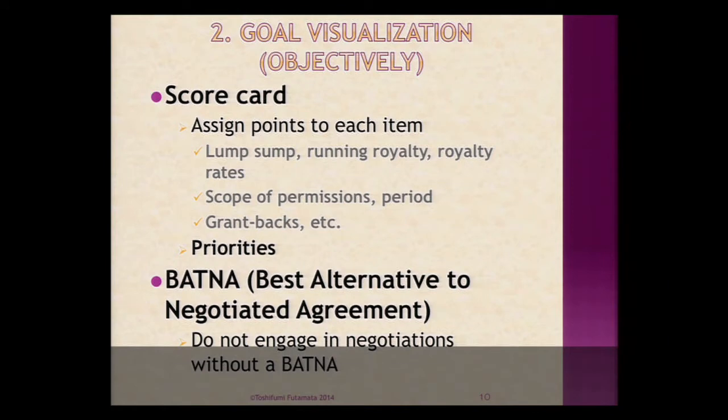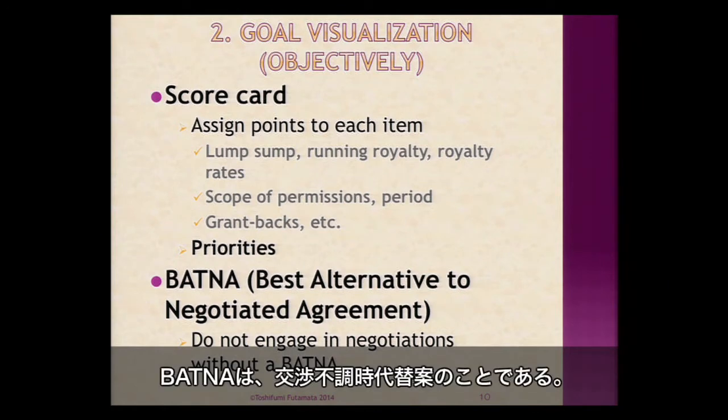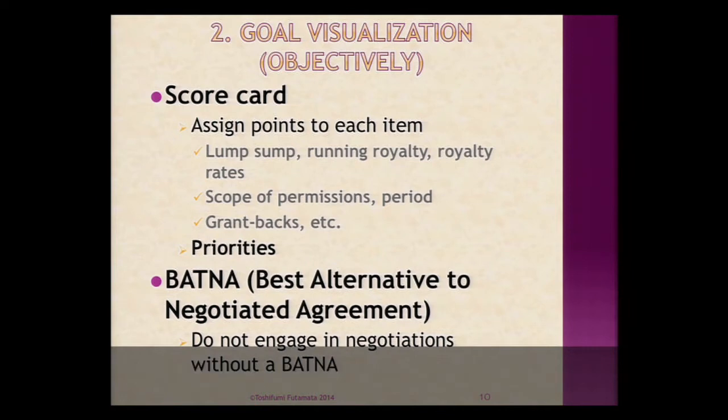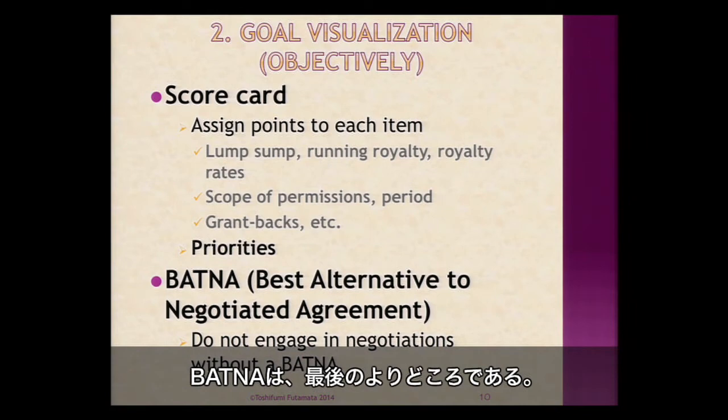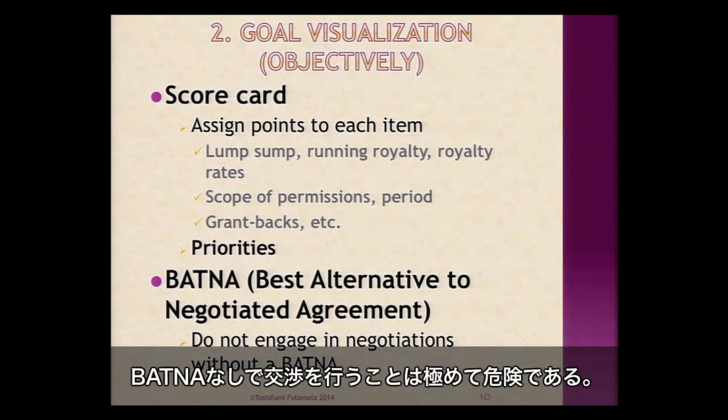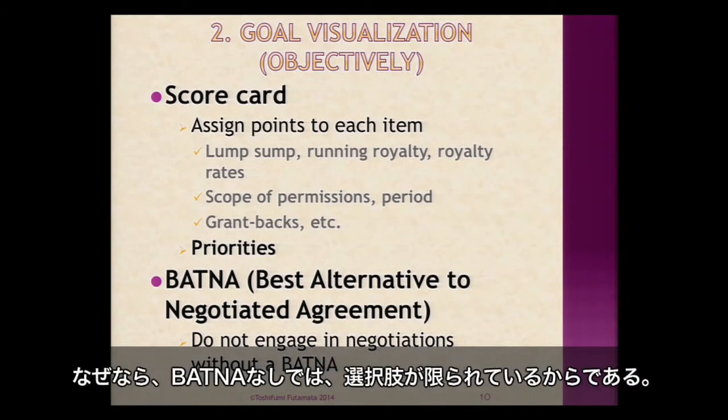And BATNA is an acronym for Best Alternative to Negotiated Agreement. BATNA is a fallback position. It is extremely dangerous to start a negotiation without BATNA, because without BATNA, you only have limited options.